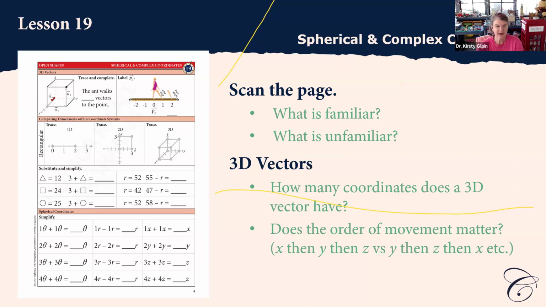And so if we think about a vector, we defined these vectors in 0D, and it was just the null vector, but then we talked about 1D and how many coordinates did a vector have in 1D? 1, right? And how many coordinates did a vector need in 2D to be defined? 2. So how many coordinates are our vectors going to need to have in 3D? 17. No, 3.